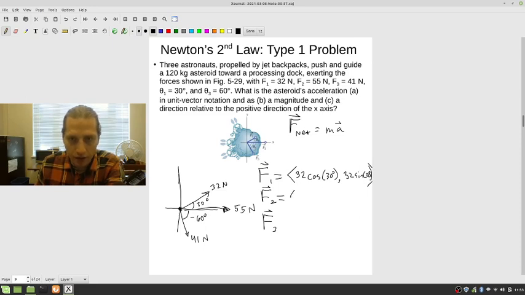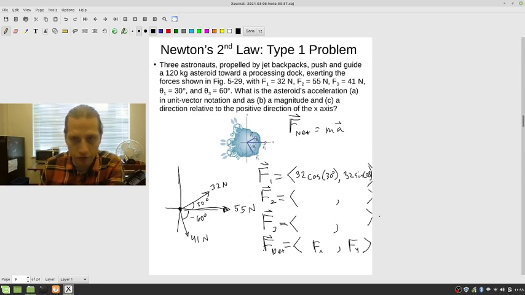And then I would have an x and a y component for F2, an x and a y component for F3. And then to get my F net, I would add this plus this plus this to give me my F net x, and then the y component of F1 plus the y component of F2 plus the y component of F3 would give me F net y, and all these forces would continue to be in newtons at that point.